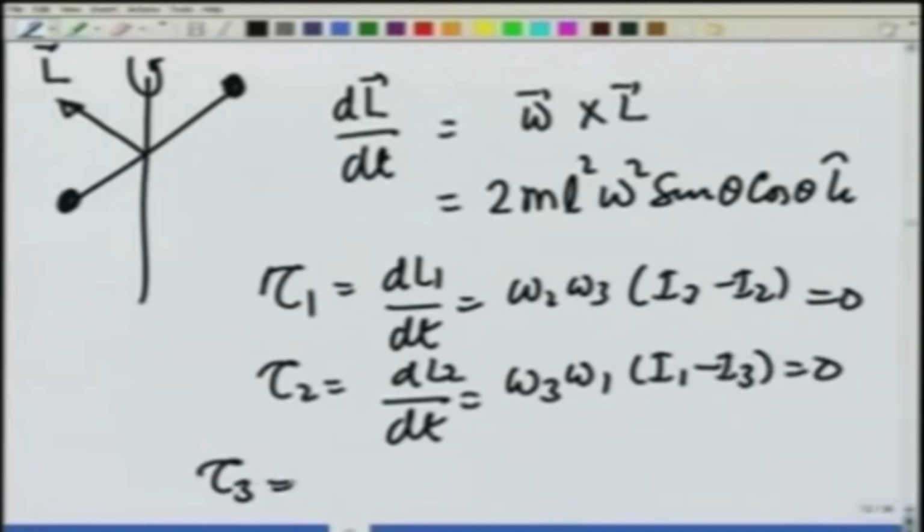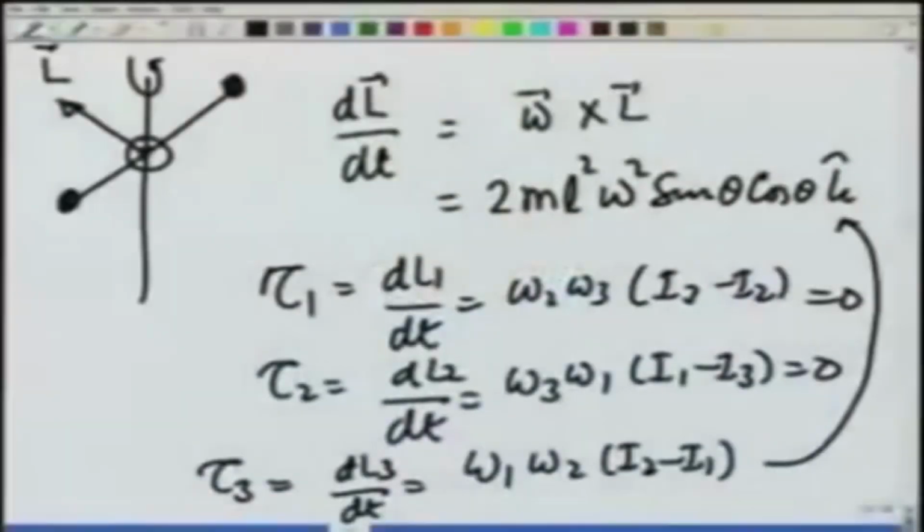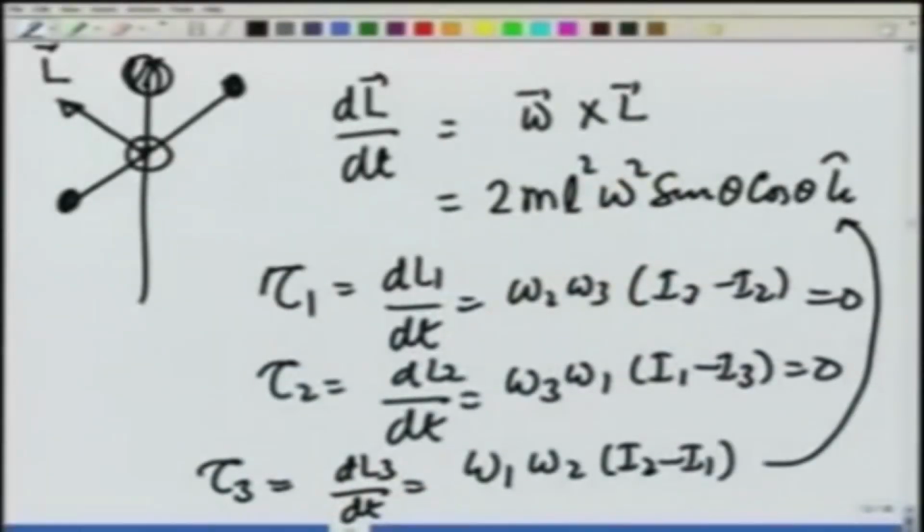Tau 3, which is dL3 dt, equal to omega 1 omega 2 times I 2 minus I 1, will come out to be this. So, the torque is in this direction, and therefore, to keep it rotating, I have to keep applying a torque. As the body rotates, the torque direction also changes, and the torque is provided by these bearings here.